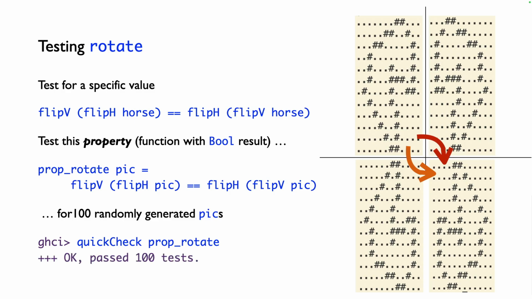And what we get in this case is, okay, it passed 100 tests. So we've checked it not with just one test now, but with 100 randomly generated pictures. So that increases our confidence that it does what it should be doing.